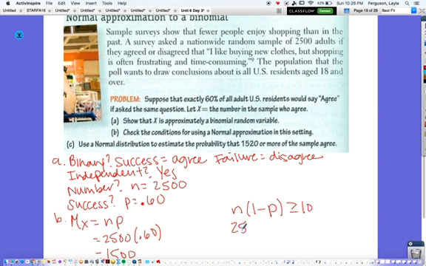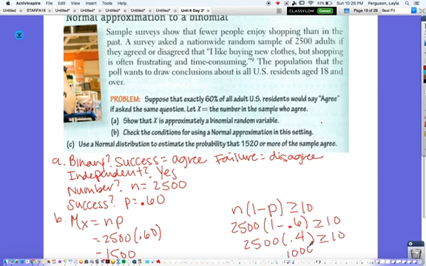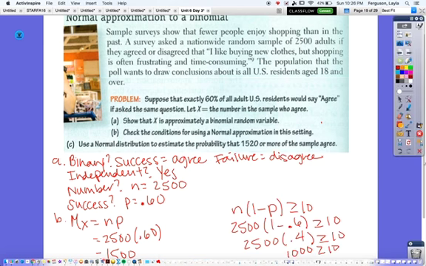The number of trials is 2,500, and 1 minus p, where p is 0.6, would be 0.4. So we're finding 40% of 2,500, which is 1,000, and 1,000 is definitely greater than or equal to 10.